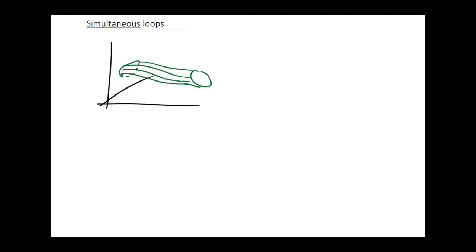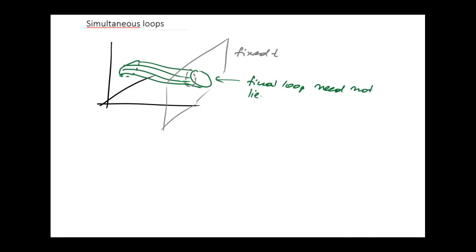Let me take, for example, a slice here at fixed time, and then we get a cut like this, and the final loop, however, need not lie on this surface of constant time.